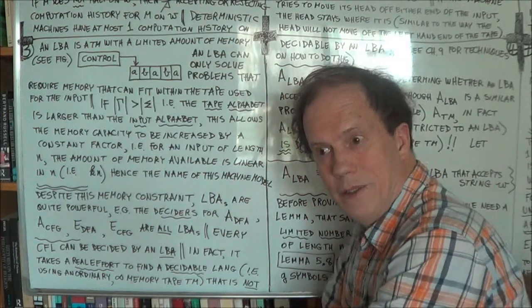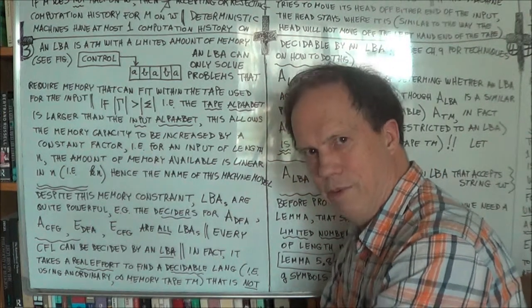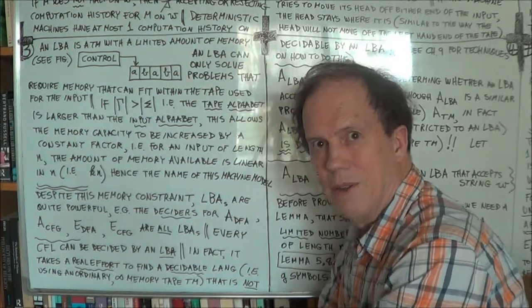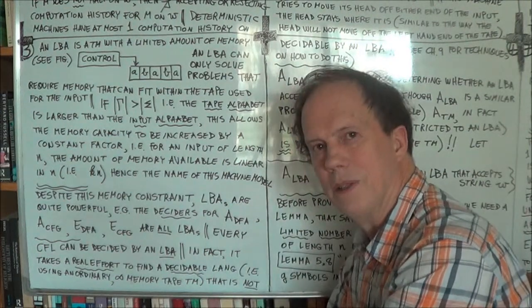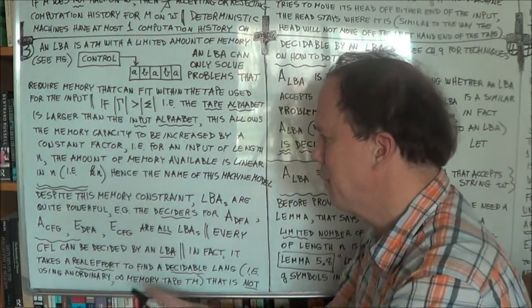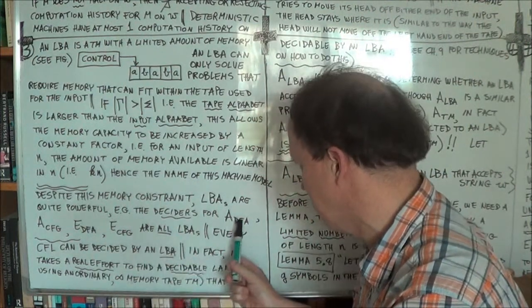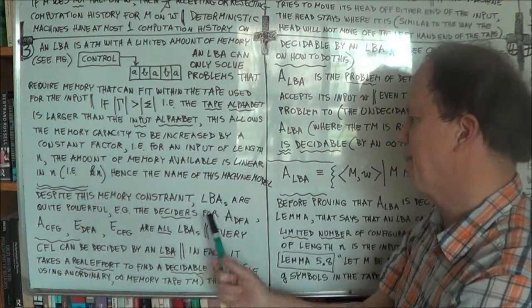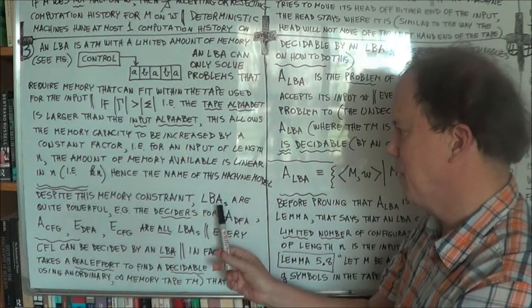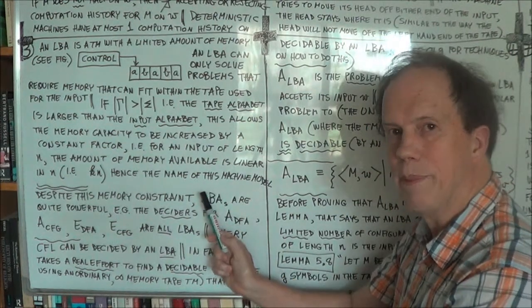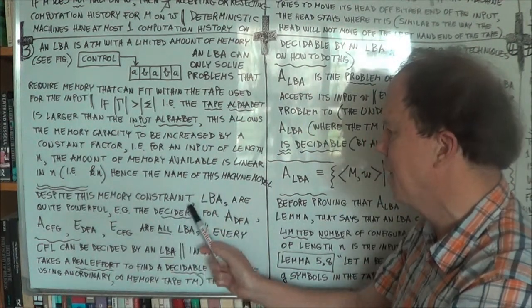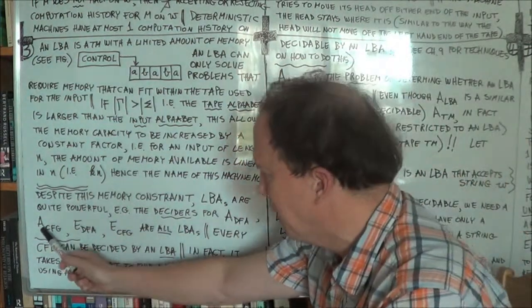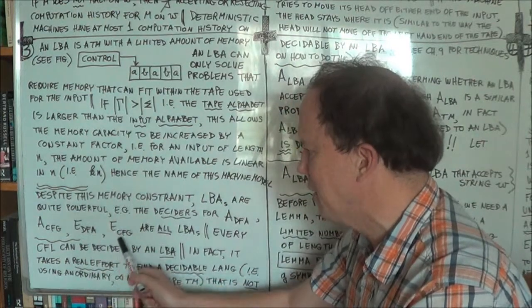Well, actually, the answer is quite surprising. It is quite powerful. Now there are differences, and we'll talk about them in later sessions. But we've already talked about, for example, these languages we dealt with in earlier lectures. The LBA is still sufficiently powerful to be a decider for this whole bunch of languages: A DFA, A CFG, E DFA and E CFG.